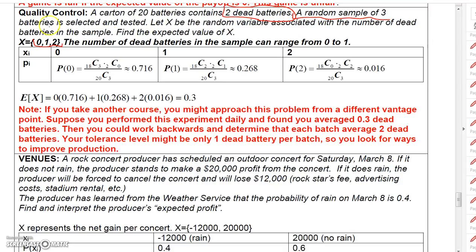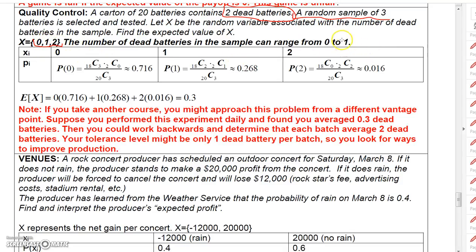Even if I took 10 batteries, I couldn't get more than 2 dead batteries in a sample. So the possibilities for the number of dead batteries are 0, 1, or 2.